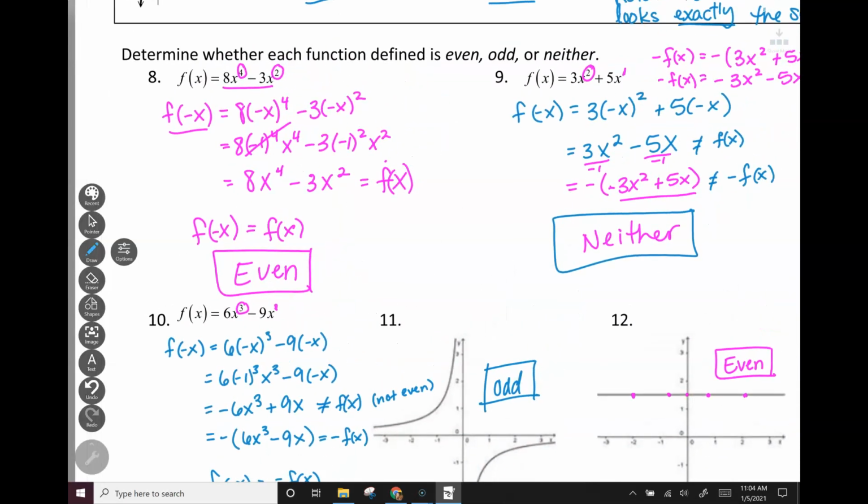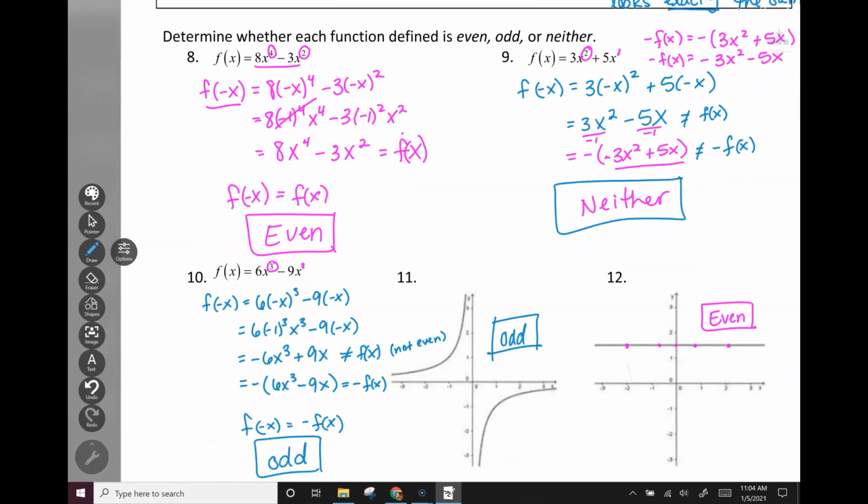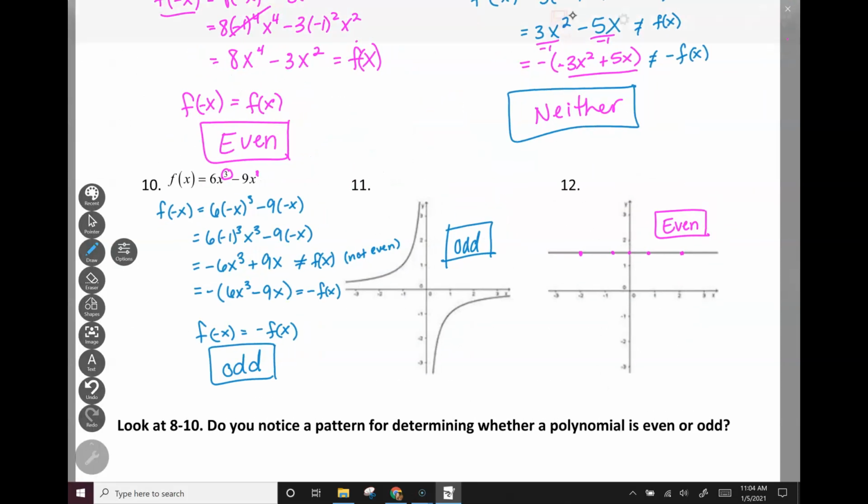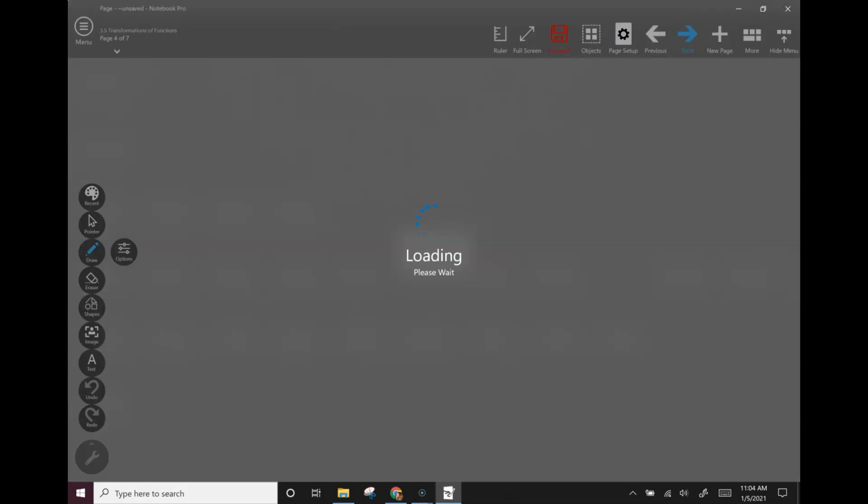Two even exponents, or 3 or 4, however many exponents there are, they all need to be even, and then it will be an even function. But on number 9, where we have mixed powers, even and odd, that will be neither even nor odd. So just an interesting pattern to notice, a little takeaway.